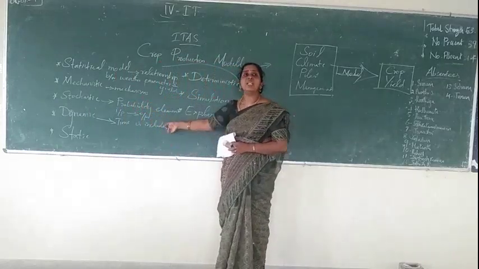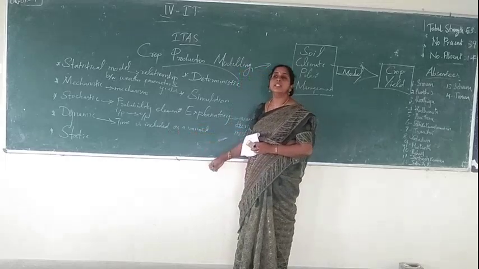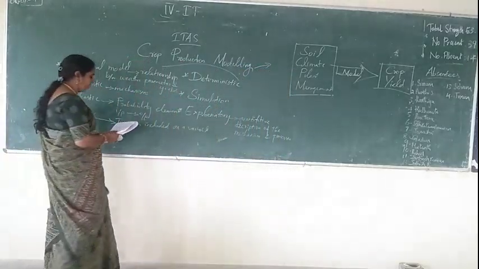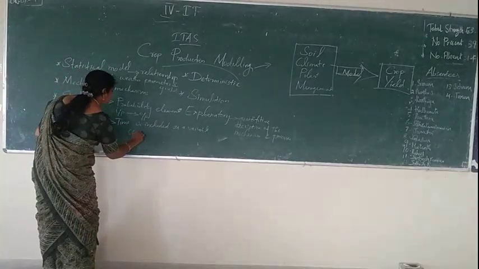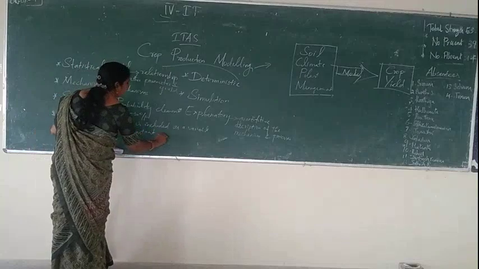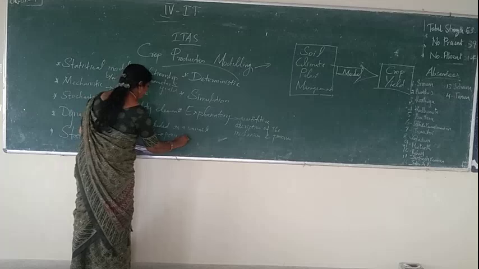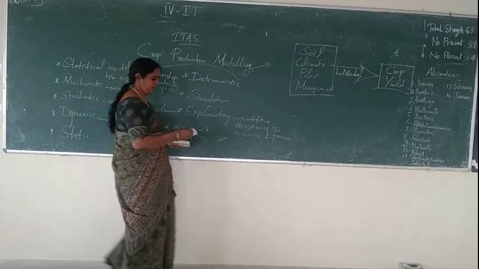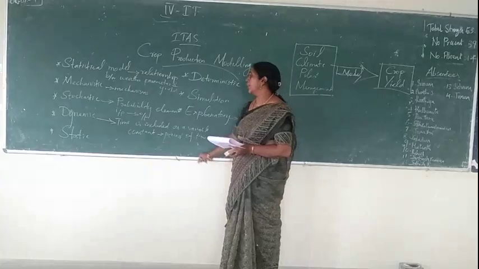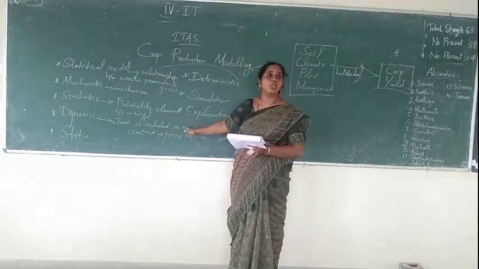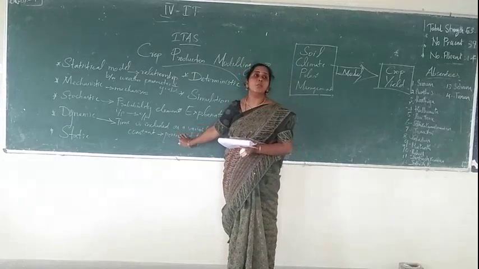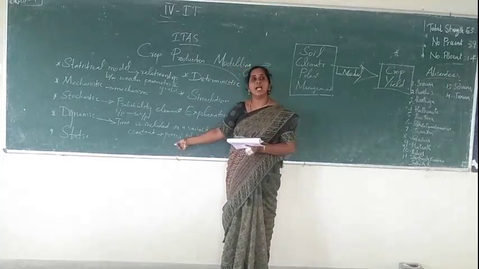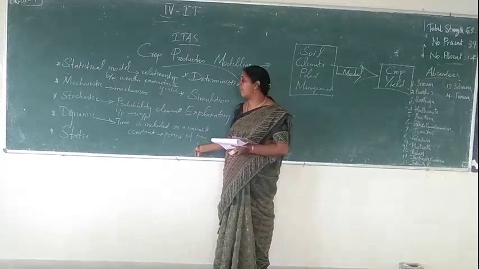In the dynamic model, time is included as a variable. Here it will calculate the dependent as well as independent variable values, having values that are constant over a period of time.